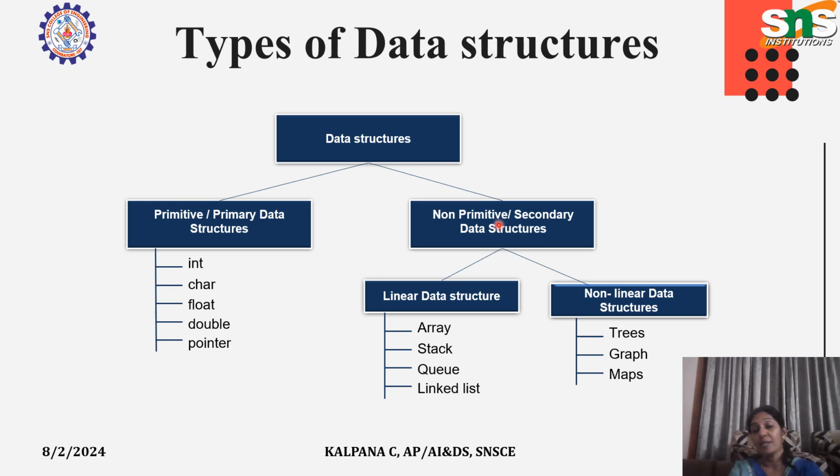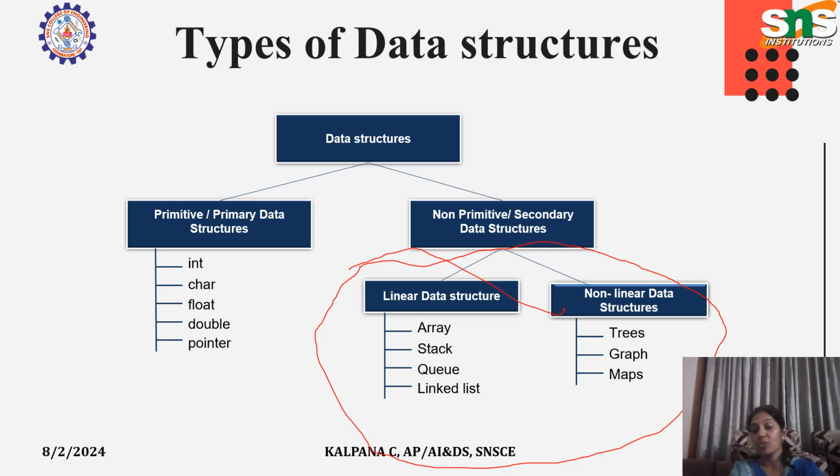And the second one is non-primitive or secondary data structures. It is split into two categories: linear data structure and non-linear data structure. These two types are very important.